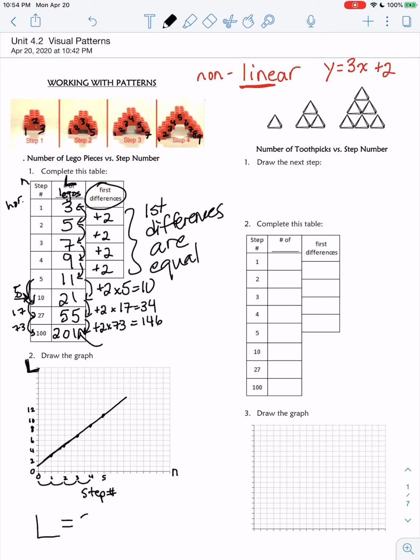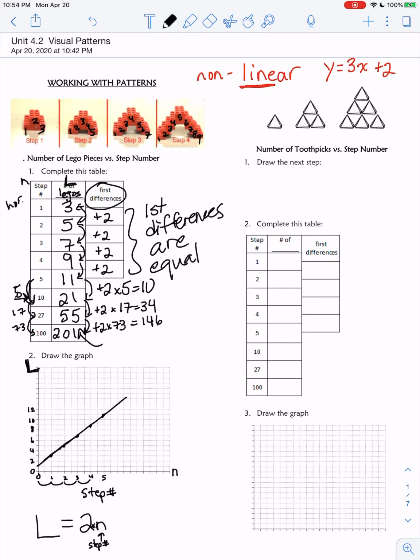So the step number, remember, is n. I need to multiply it by 2, but we don't usually write the multiplication sign.